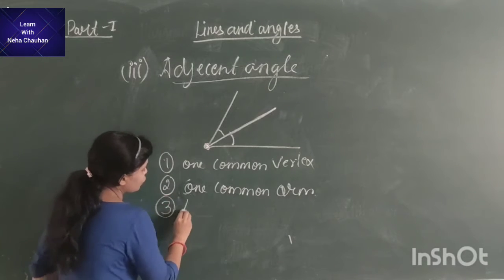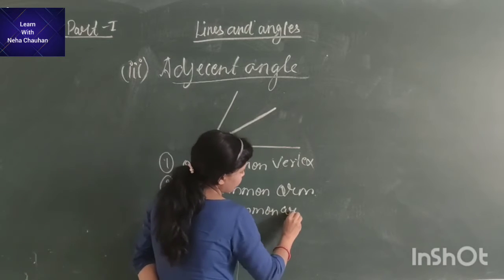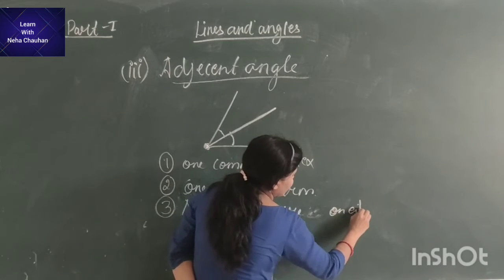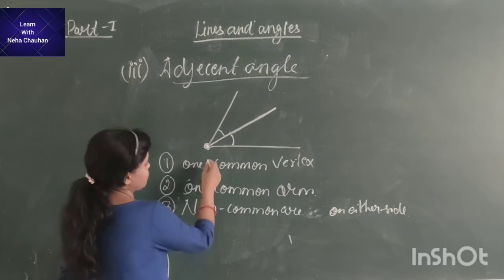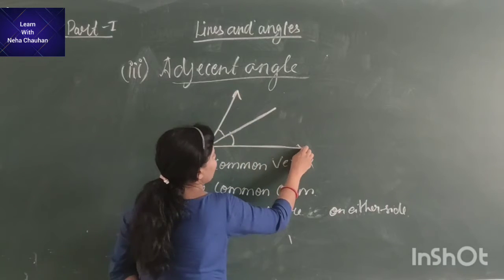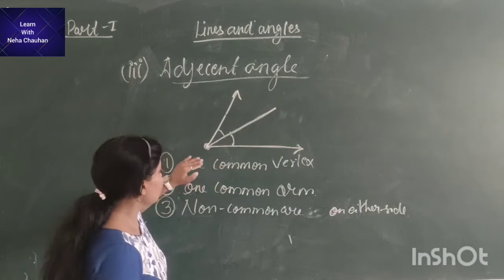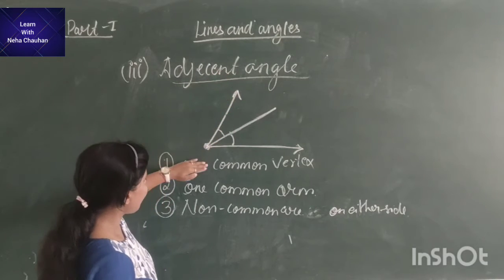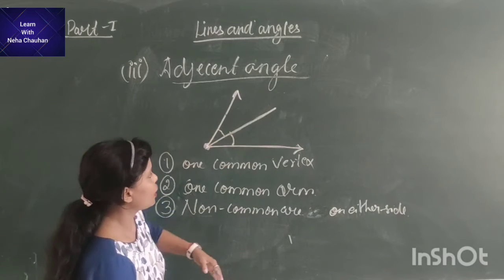The third is that the non-common arms are on either side. That means this non-common arm and this non-common arm are on either side, on the opposite sides of the angles. So if the angles are adjacent to each other, they have to follow these three properties, right?